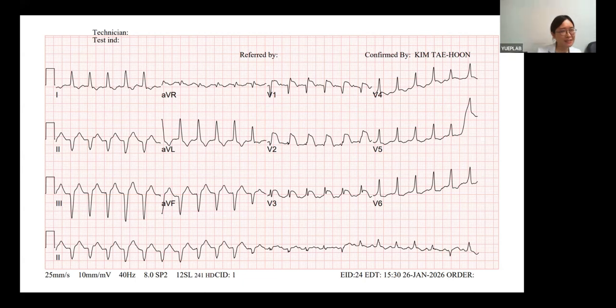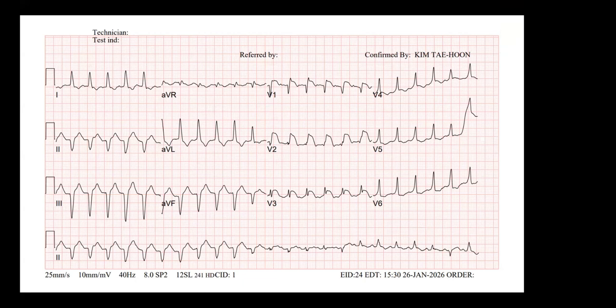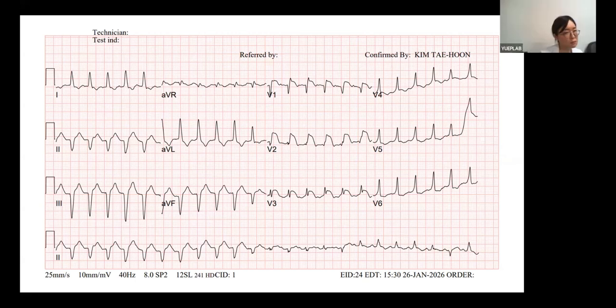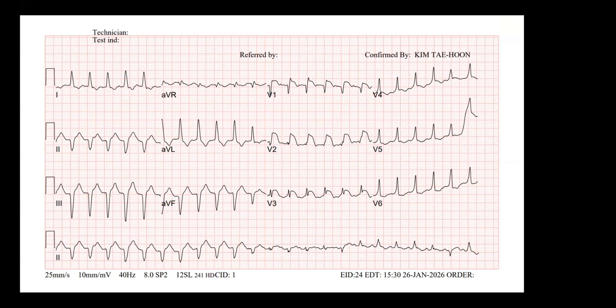Maybe MI, because of the ST elevation in the precordial leads. Although it is wide, I think it is in sinus rhythm, so it is not VT, just sinus tachycardia with ST elevation all the way up to V4. ST elevation throughout, not just on the anterior, probably all the way going down.